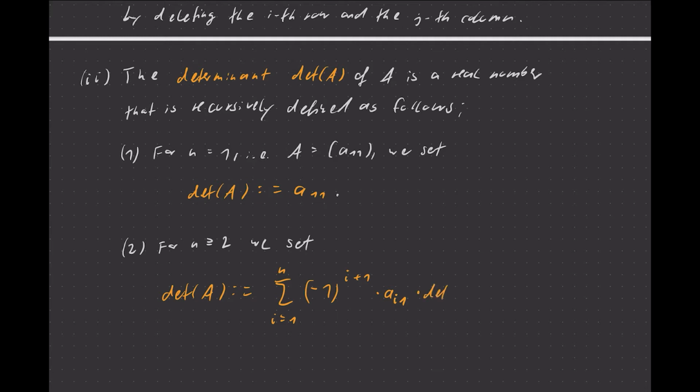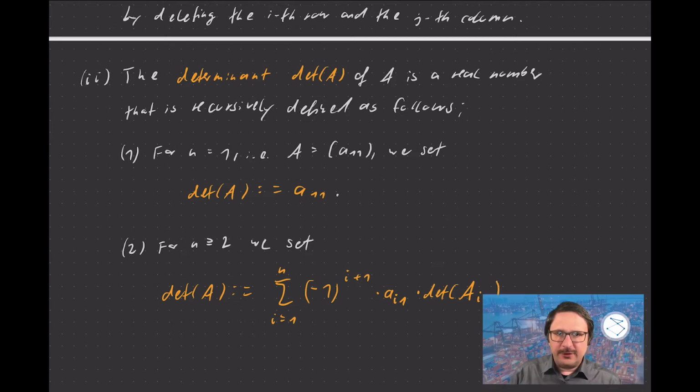And we multiply this by the determinant of the cofactor Ai1. So for these cofactors, we always delete the first column and we delete the ith row. And that means we define the determinant of an arbitrarily large matrix by a sum over determinants of matrices that are one smaller. And we just repeat this process until we get to matrices of size 1. And then we can use the first part of this definition and just use the number in the matrix as its determinant. So this is the formal definition here.